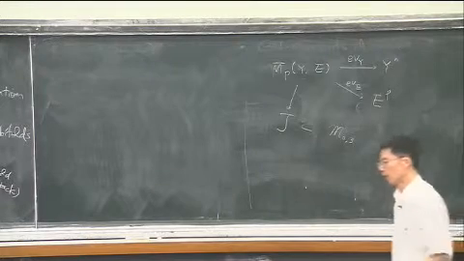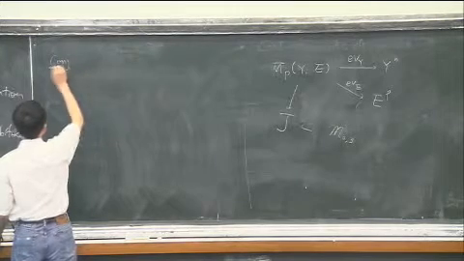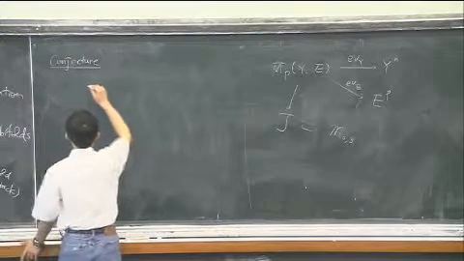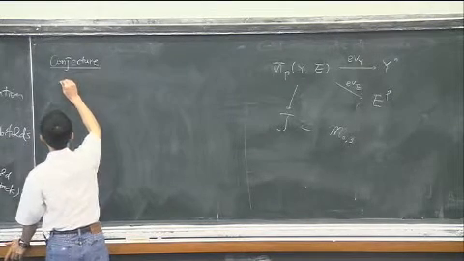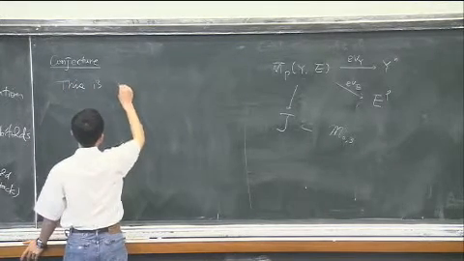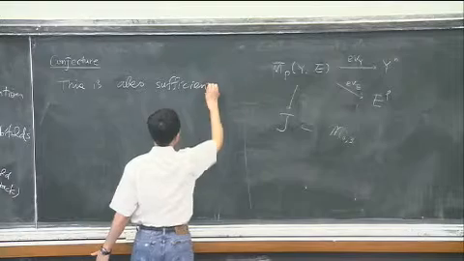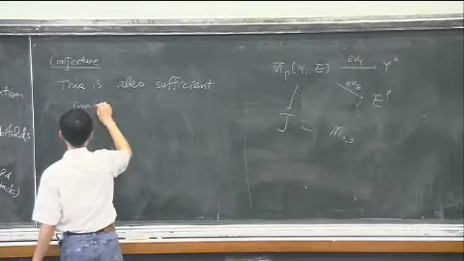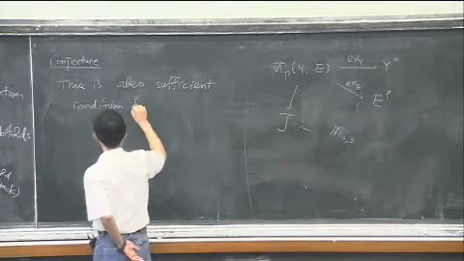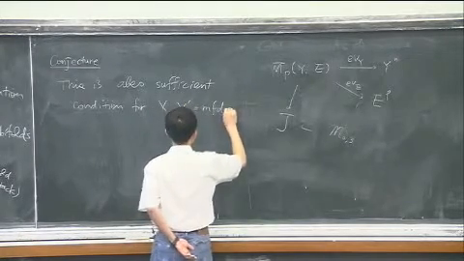And it turns out that the conjecture is that this is also a sufficient condition, well, in a very subtle way, for X and X prime that are really manifolds.